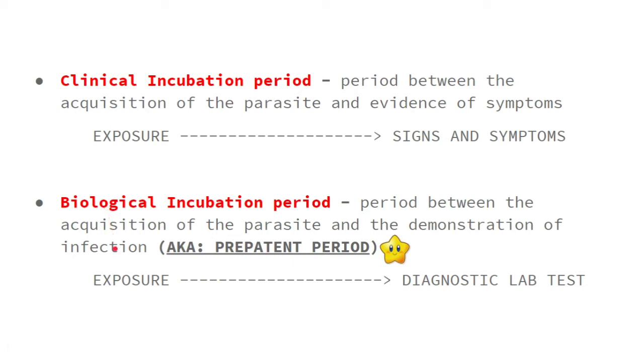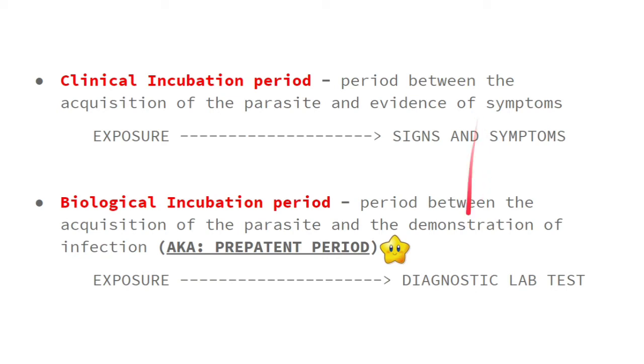So ito naman po, sa ating biological incubation period, this is from the point of exposure or na-acquire mo si parasite hanggang sa ma-diagnose ka or the demonstration of infection. Ito pong demonstration of infection na to, andito na po papasok yung mga laboratory test na gagawin natin para ma-diagnose natin si patient na meron siyang ganitong parasite. Okay?